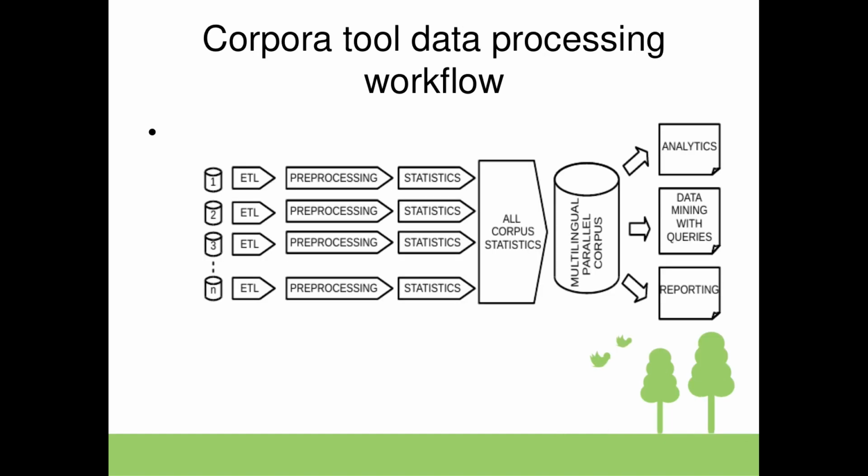Corpus tool preparation has a workflow, which is presented in the next slide. It contains extract, transform, and load (ETL). This ETL contains a stage of extracting data from SQLite format.